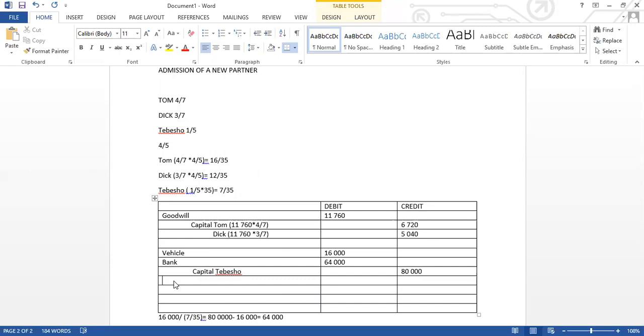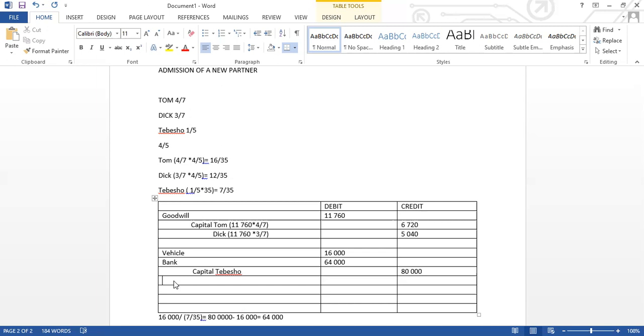Debtors are revalued at 55,400 after the admission of Tebesho.